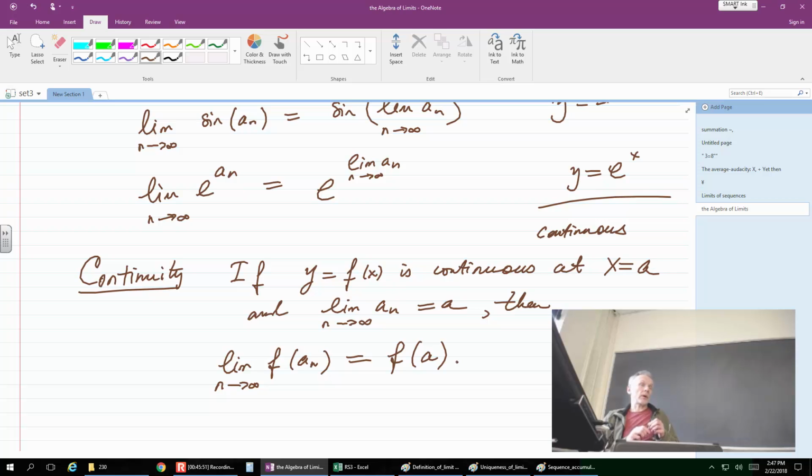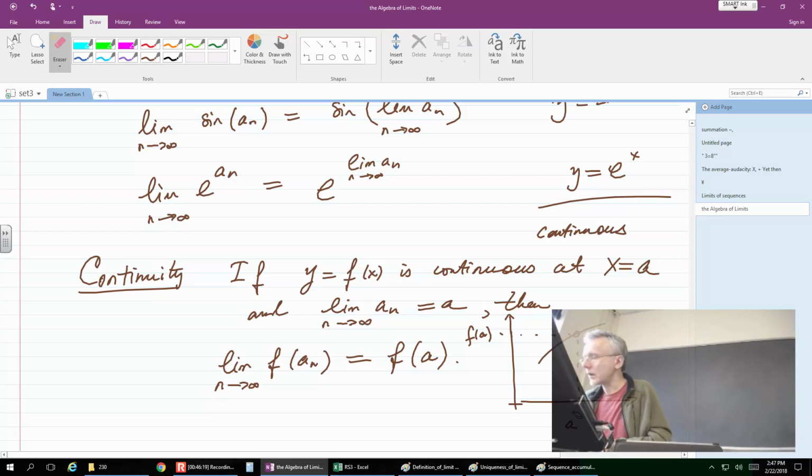A continuous function is what we're talking about. We're talking about the x-axis here. We have a here, the function is here, and this is f(a). We are investigating the behavior at a. How do we investigate it?